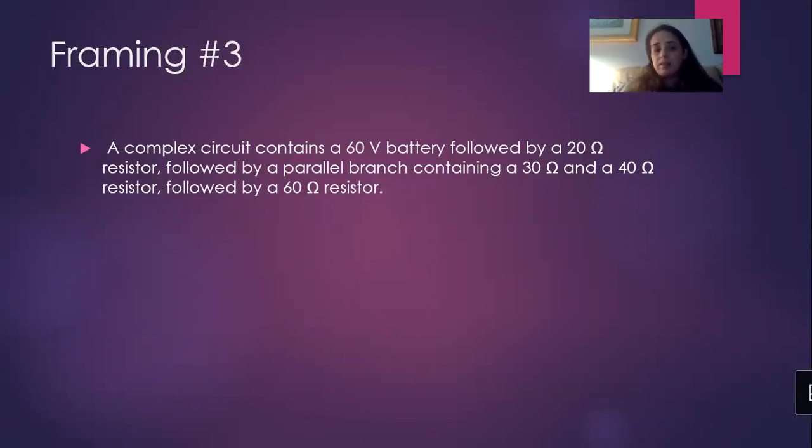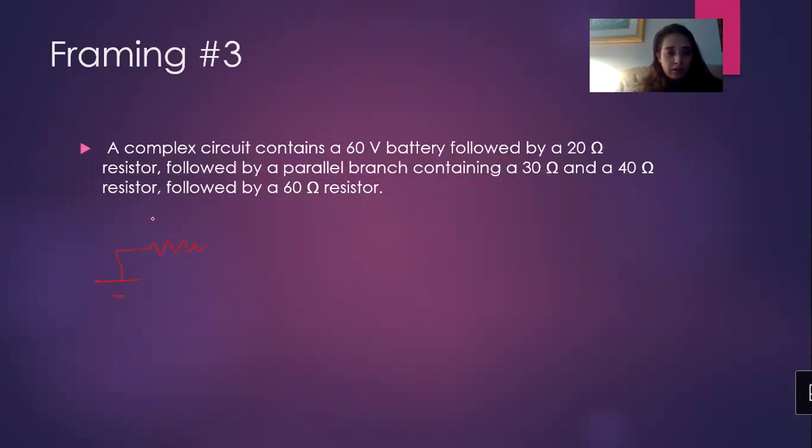That's just the setup of the question, and you're asked to find certain things. I want to show you how to draw this circuit so that you're able to solve for all the different parts that you're being asked. I have a 60-volt battery, so I'm going to start by drawing that. Then I have a 20 ohm resistor that follows it.